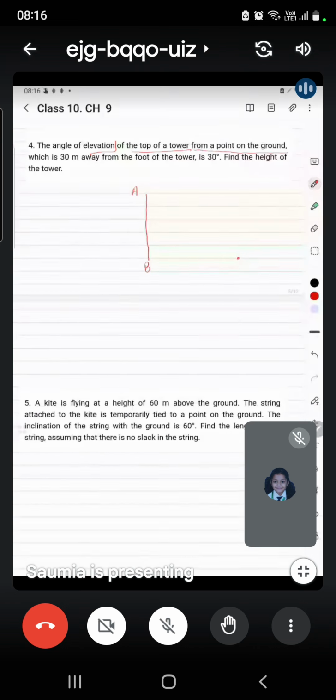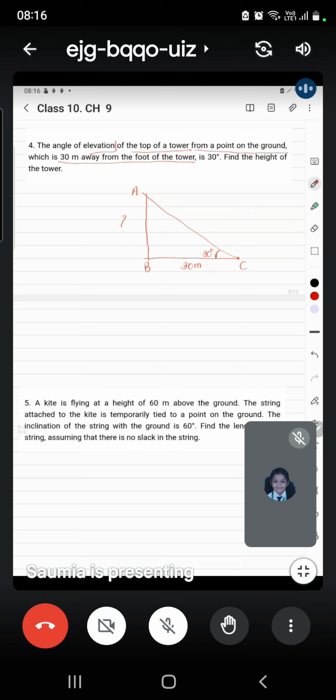That means take one point on the ground too. Now from this point, I am looking at the top of the tower. And this is my normal. So this is my angle of elevation, which is given as 30. Now, this point is 30 meters away from the foot of the tower. So 30 meters here. And I have to find out AB.